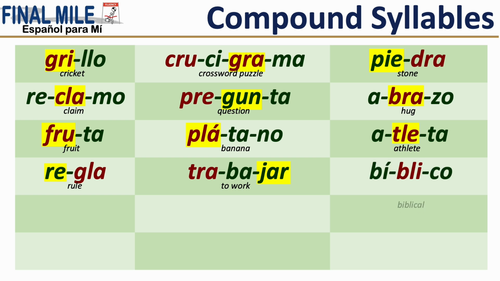Trabajar. Okay, we have to smile twice, and we have a graphic accent. So figure it out. Slowly. Bíblico. Negro.